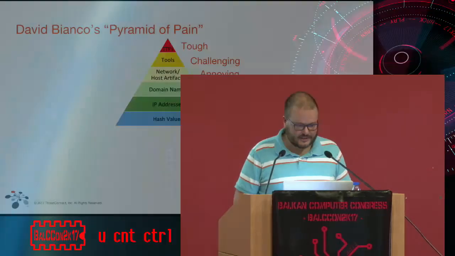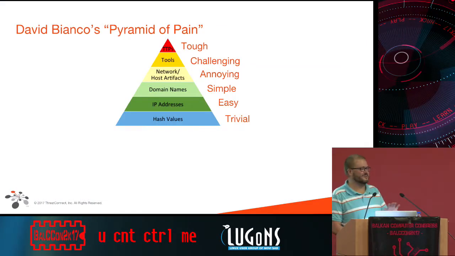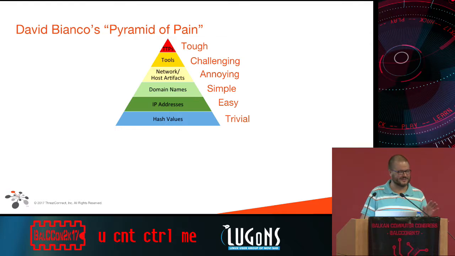So, and this is, I promise, the last educational slide before we get into the fun stuff. So David Bianco, who is a threat intelligence expert, this is the pyramid of pain. The pyramid of pain shows the different data types and concepts that you can research when looking at a threat or a malware family.